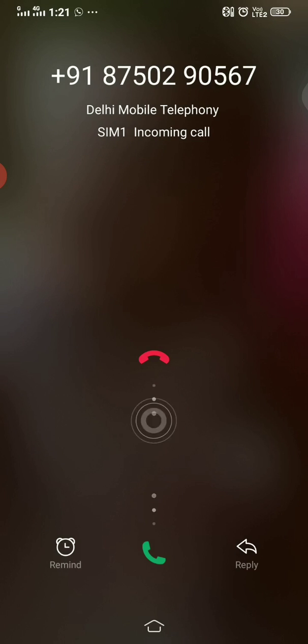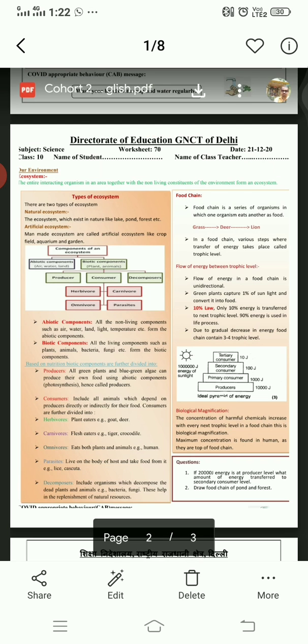Consumers are the organisms which feed on producers, or the herbivores which feed on producers. So consumers include both herbivores and carnivores.